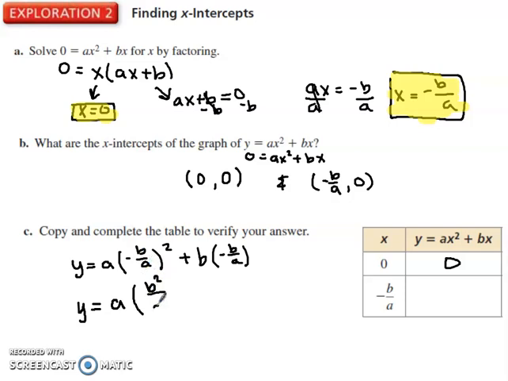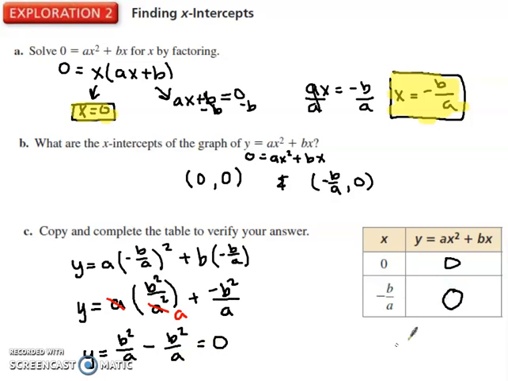A times a is a squared. And then I have b times negative b, so negative b squared over a. When I reduce my fractions, one of my a's reduces on the bottom, leaving me with just a in the denominator. So my y is equal to b squared over a minus b squared over a, which is in fact 0. So we have shown that if I plug in a negative b over a, I will also get 0.